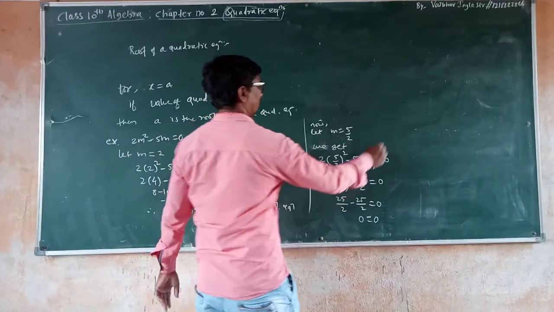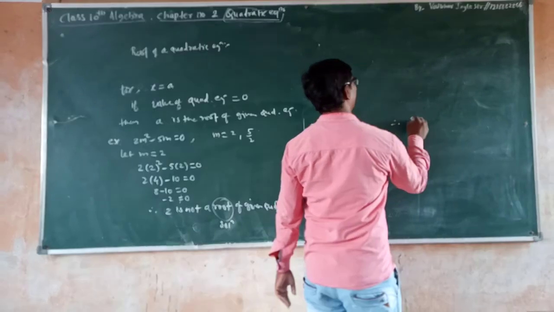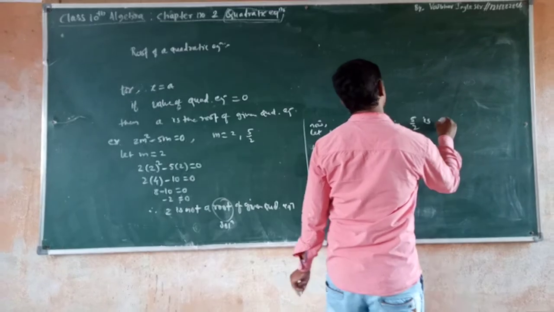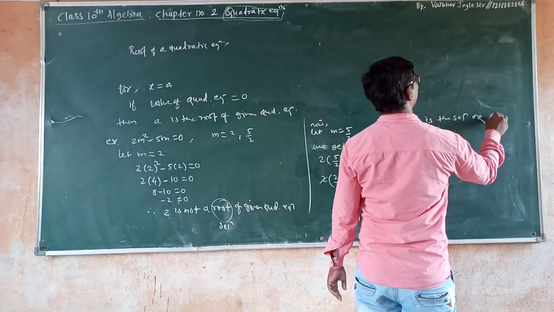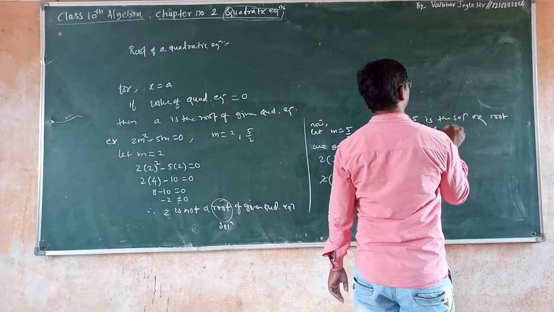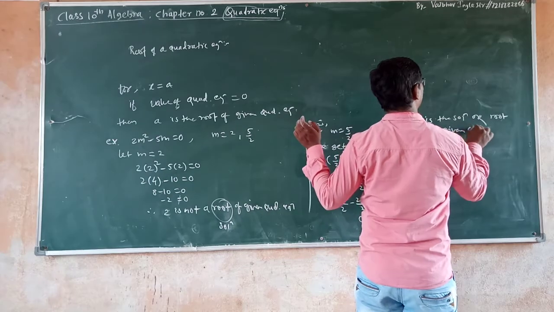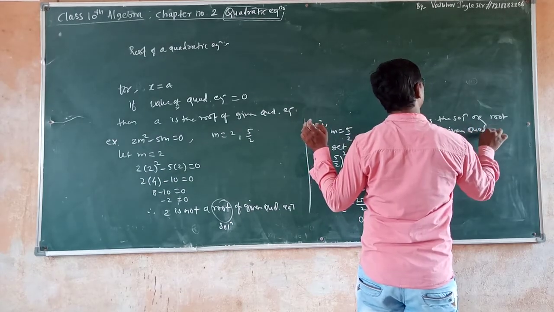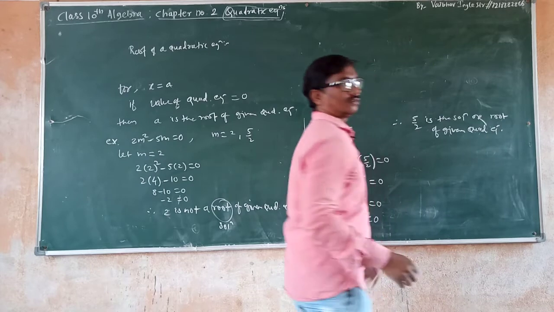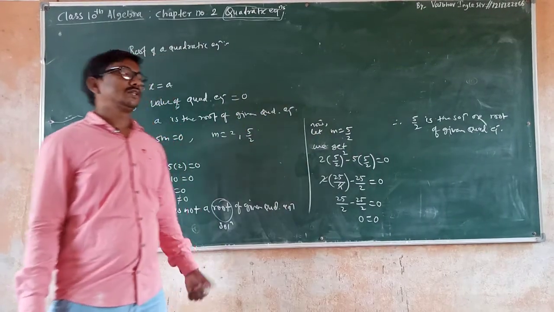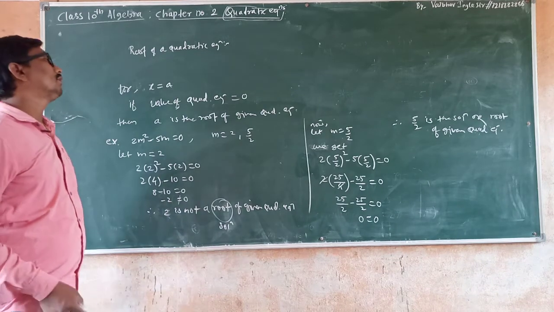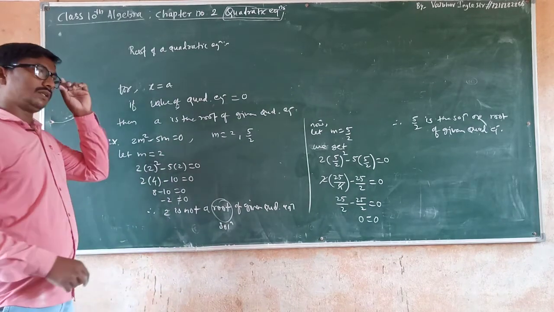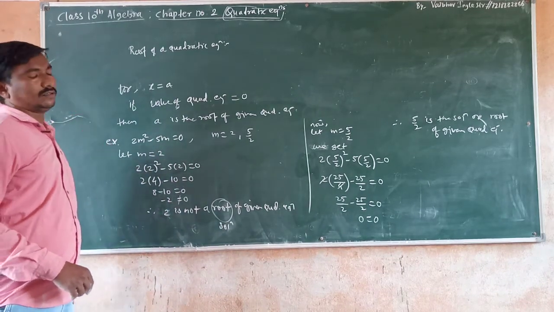Therefore, I can write that 5 by 2 is the solution or root of the given quadratic equation. Okay, understood? In this way you can determine whether the given value of a variable is a root of the quadratic equation or not.